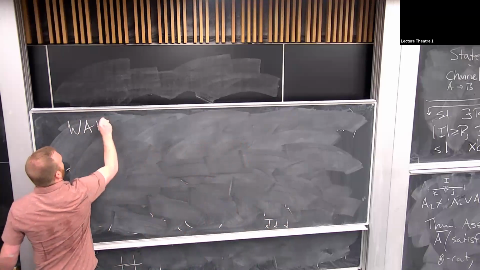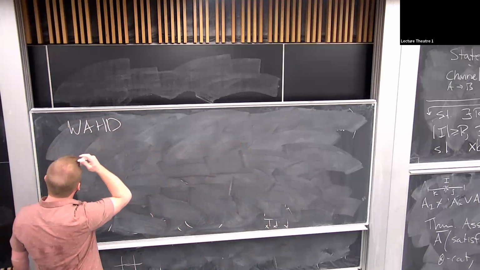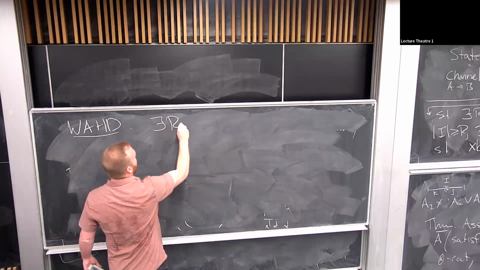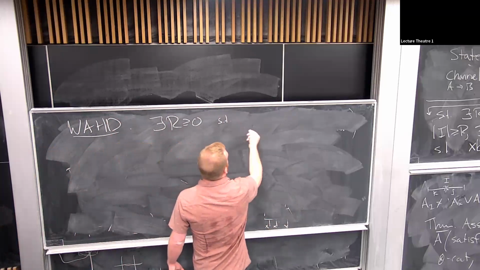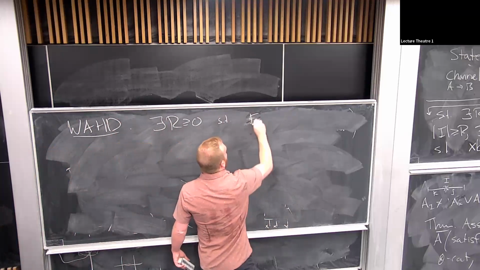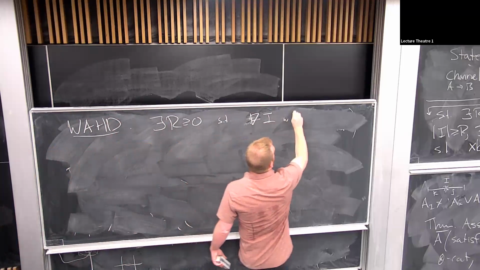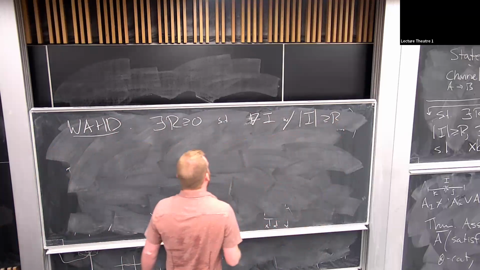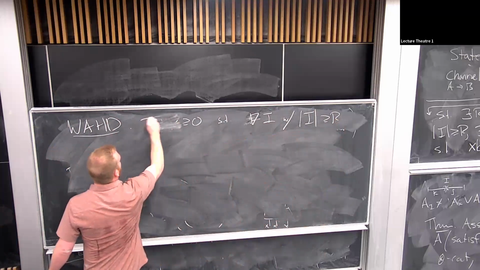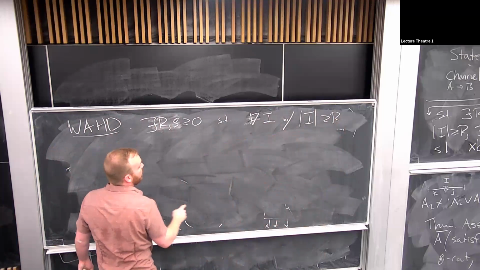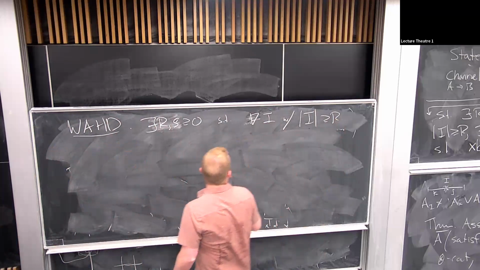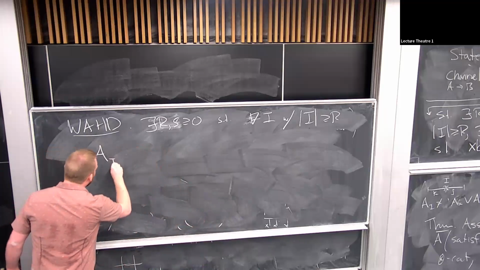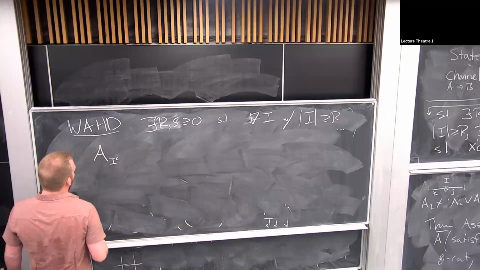Weak algebraic Haag duality. What is this? It's this. There exists an R such that for all intervals I with the size of I bigger than or equal to R, let me say there's an R in S, so that if I take the commutant, so let's see, I want to get this right.